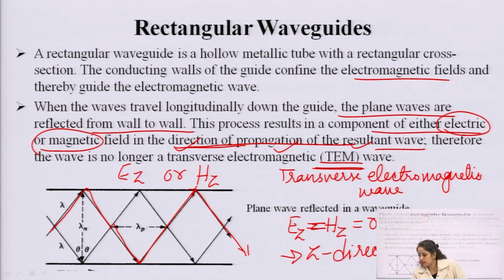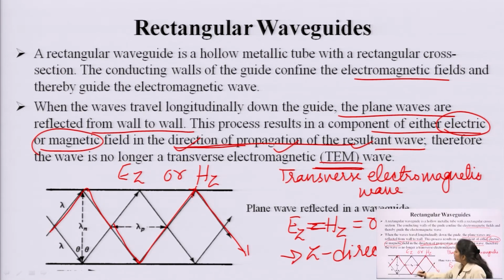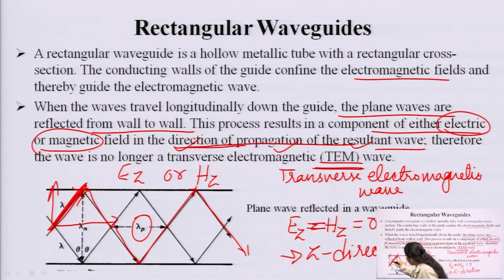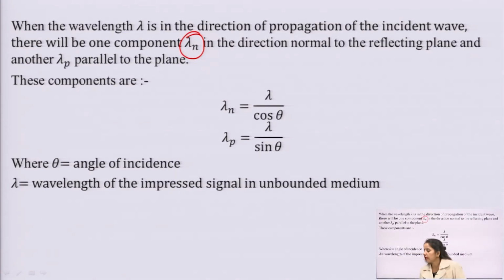If we assume this is the wave, it gets broken into two components: lambda n, normal, and lambda p, parallel.